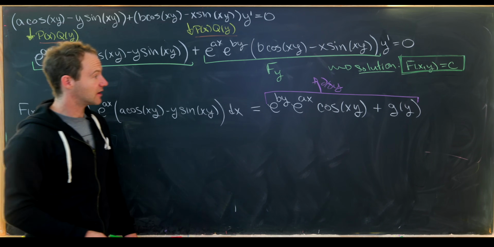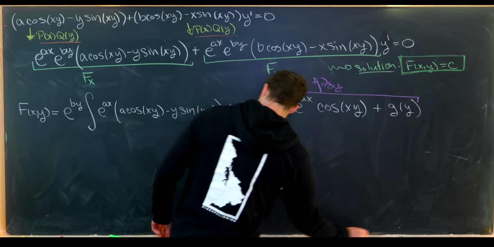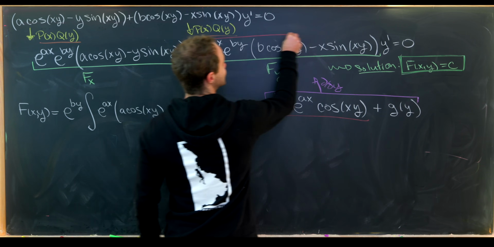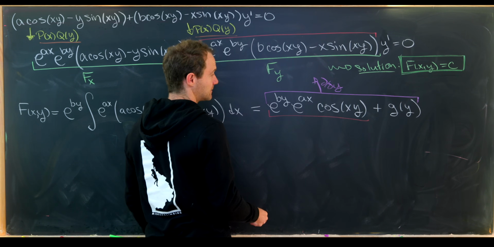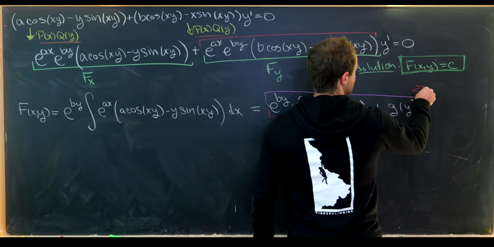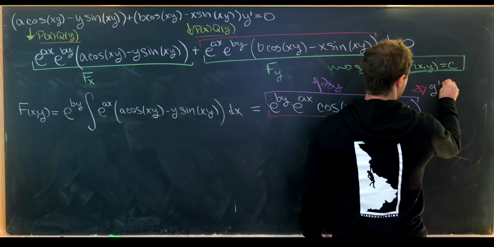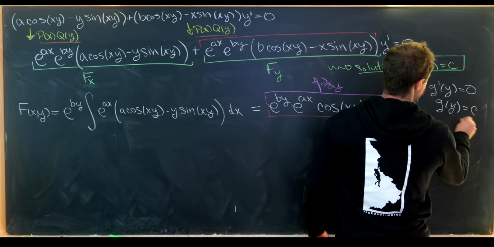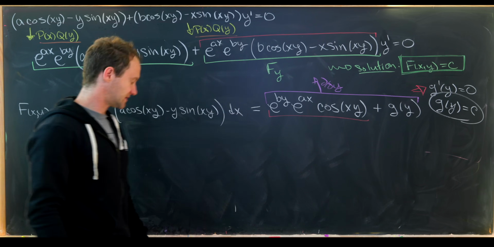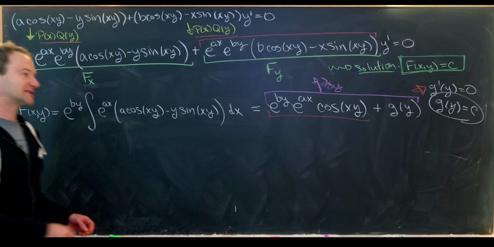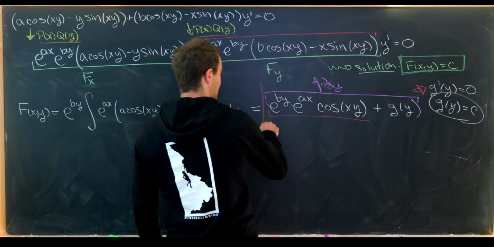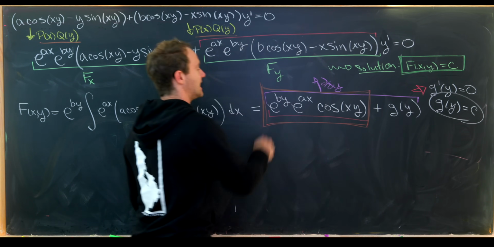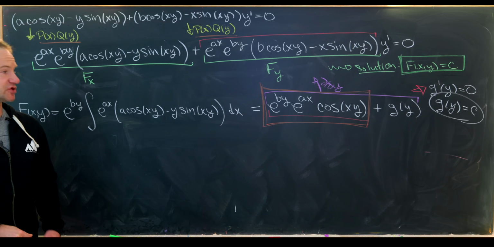The great thing here is that if we take the partial of all of this with respect to y, we achieve exactly this function right here, which means the partial of g with respect to y is indeed equal to 0, so we might as well take g of y to be equal to a constant. All of that leads us to the important fact that our final function, capital F of x, y, can be taken to be this brown boxed equation here.